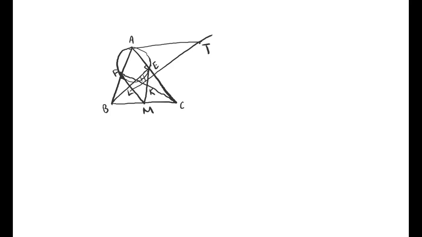And the reason this is special is because TA is tangent to this circle, because the center of the circle is the midpoint of AH. Since AH is perpendicular to BC and BC and TA are parallel, AH and TA are also perpendicular. So the segment connecting the center of the circle and A is perpendicular to TA.